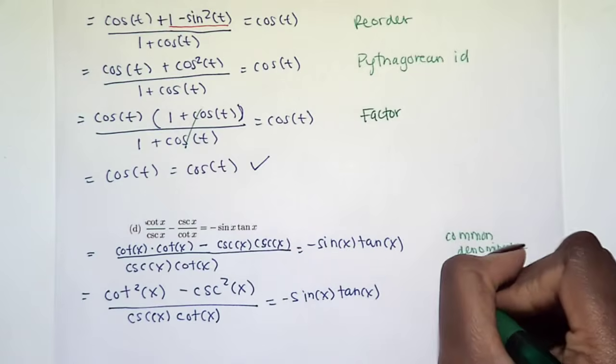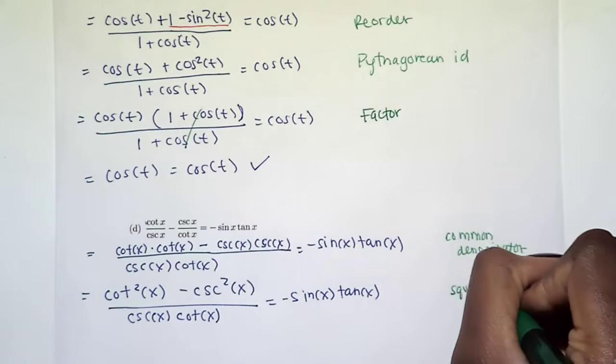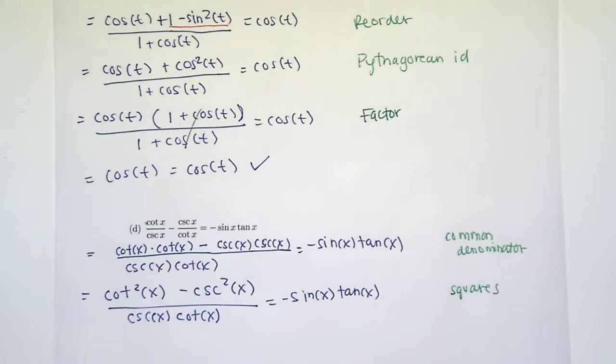All right, I just made squares. All right, so hopefully I can use a Pythagorean identity. Which one? So on a test, they won't be given to you, so you'll have to remember them, right?